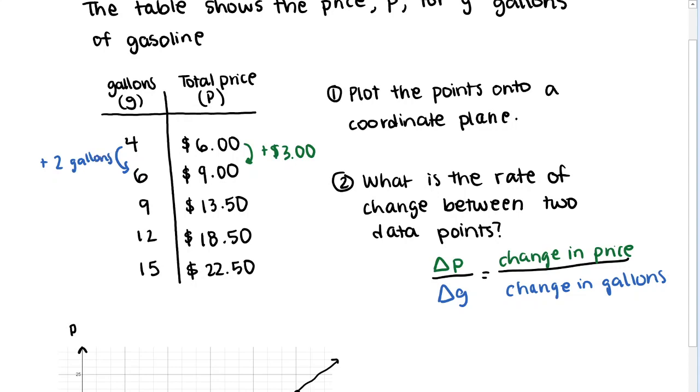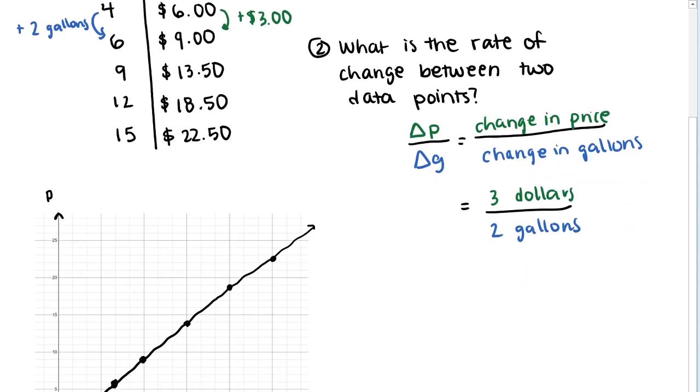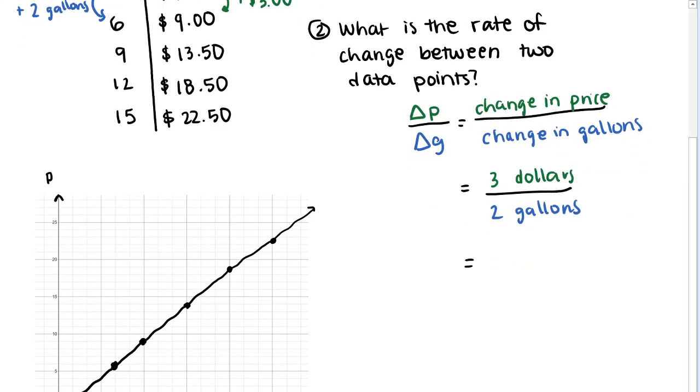And so what we're saying is that the rate of change between these 2 points, the change in price is $3. So maybe I'll just write out dollars instead of using the symbol. So $3 over 2 gallons. And we can rewrite this as 3 over 2 dollars per gallon.